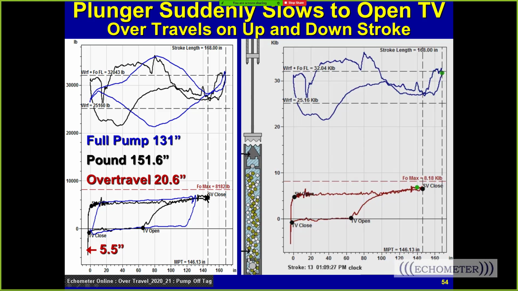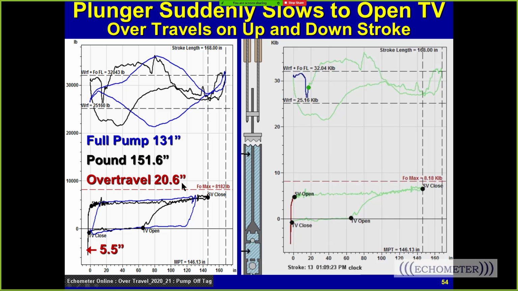Notice that the incomplete pump stroke has an overall stroke length of 151 inches, and the full stroke has only 131 inches, so there's actually 20 inches of over travel when the well's pumped off. With the pump off stroke, we get this much over travel and this much additional over travel on the downstroke. We get both over travel on the upstroke and the downstroke.